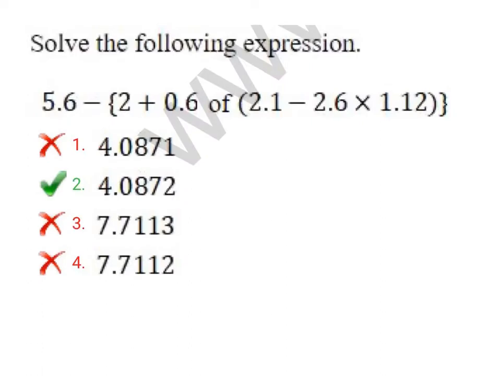Next one. Solve the following expression. Now you can see the expression on the screen. If you multiply this whole thing with minus, it becomes 5.6 minus 2. The minus you take inside, and it becomes plus 0.6 into 2.6 into 1.12 minus 2.1. This becomes 3.6.